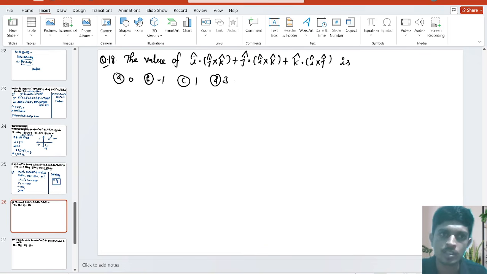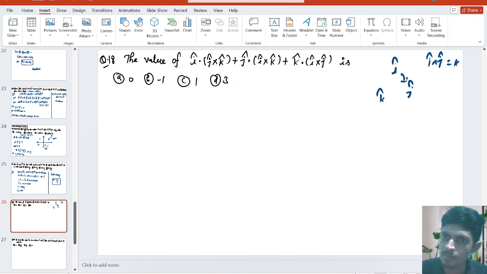So coming to the next, find the value of these expressions. You know that if you are taking i cap, j cap, k cap in these directions, i cross j equals k cap, j cross k equals i cap, and k cross i equals j cap.